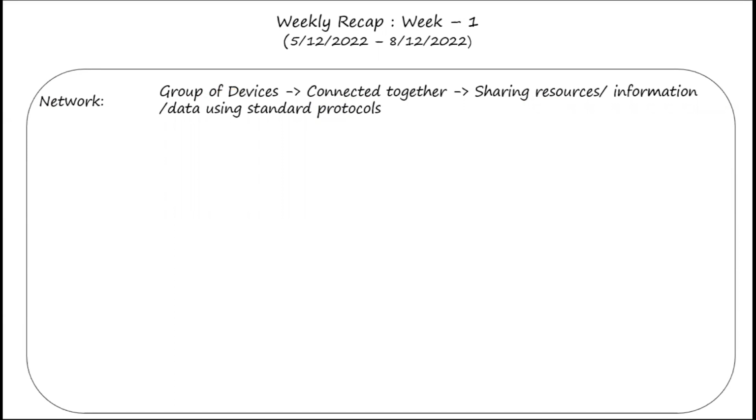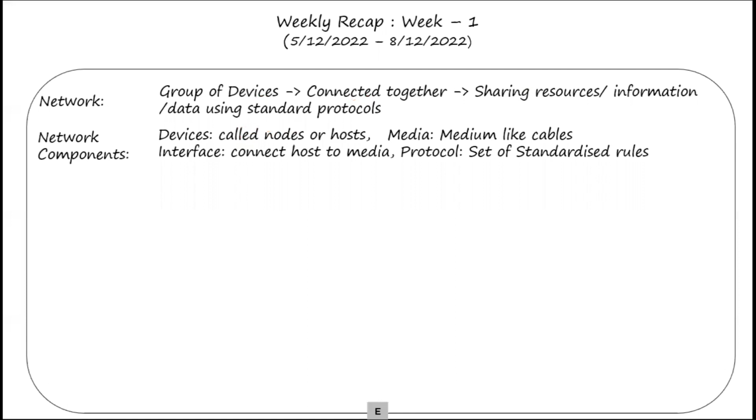Based on these conditions, we can very well judge that there would be four network components. First network component was based on the devices. Second was based on the connectivity. Third was based on sharing the information using standard protocols. So let's see. First device is called nodes or hosts. This is everything that you use to interact with the web.